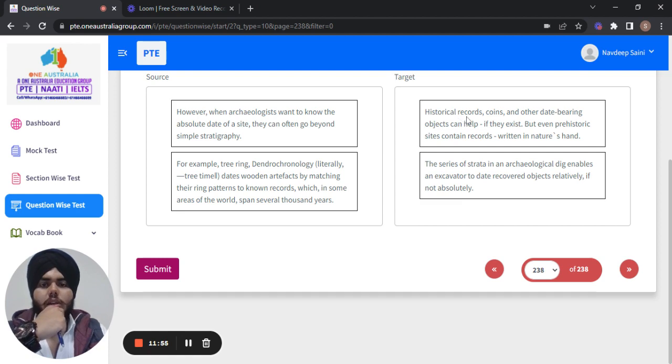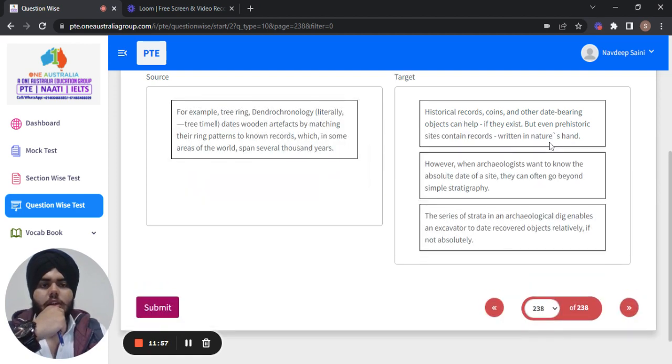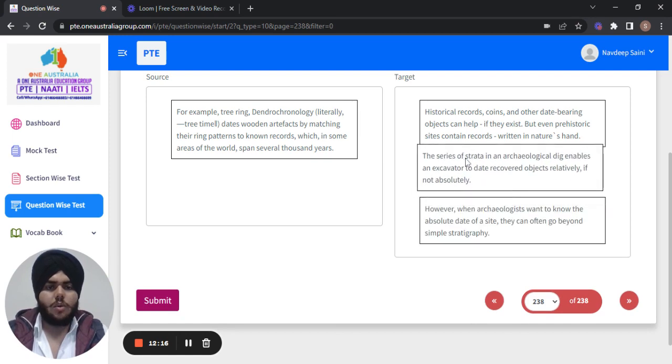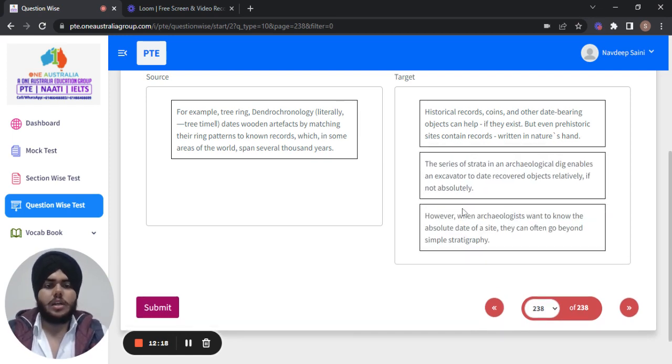Historical records, coins, and other date bearing objects can help if they exist, but even prehistoric sites contain records written in nature's hand. However, when archaeologists want to know the absolute date of a site, okay, they can often go beyond simple stratigraphy. Okay, simple stratigraphy. Now we're gonna put this and see.